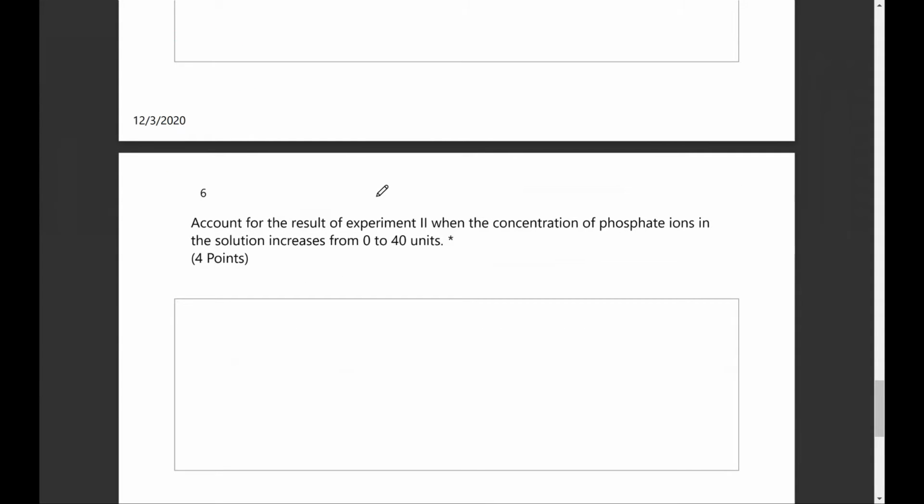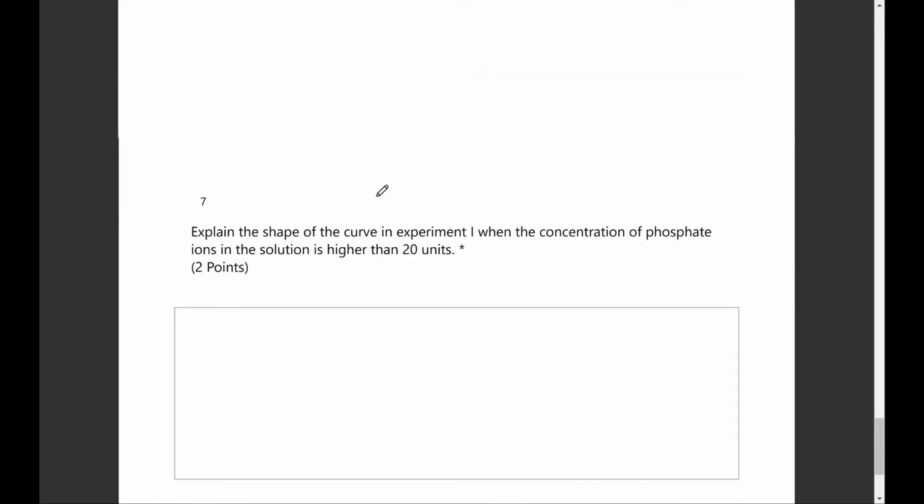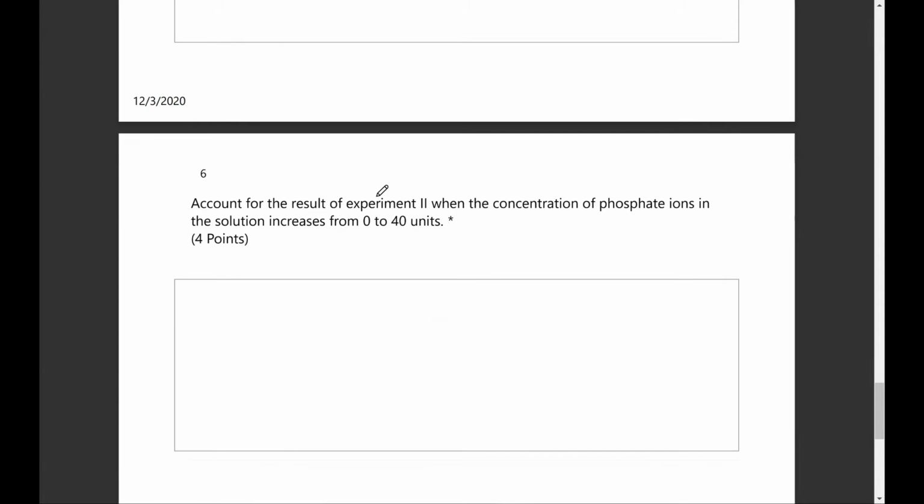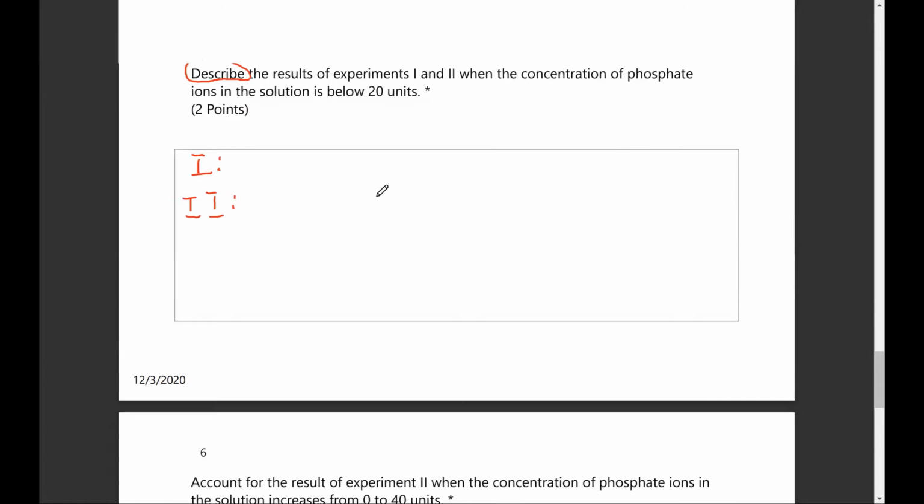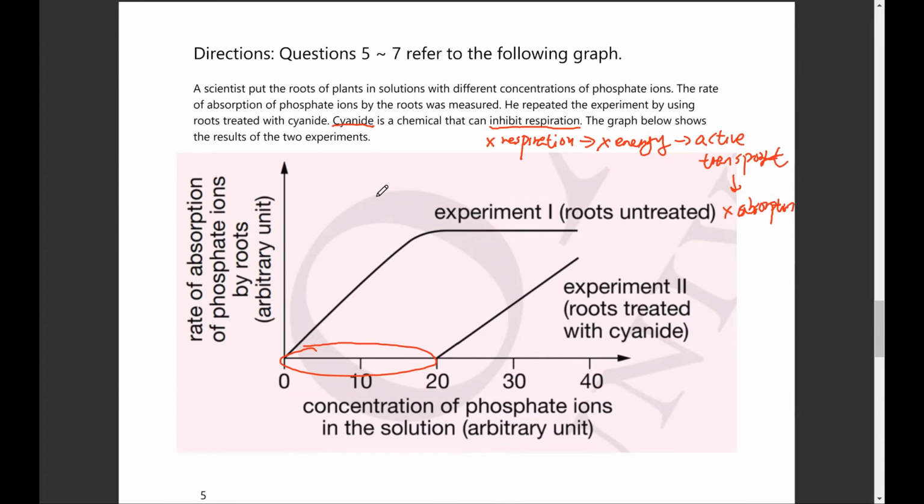The most difficult part should be question 6. 4 marks. Account for the results of experiment 2 when the concentration of phosphate ions in the solution increases from 0 to 40 units. Now 4 points, from 0 to 40, experiment 2. So let's go back. The first point you can describe is the curve here, the trend here. Why aren't the roots of the plant absorbing phosphate ions below 20 units?